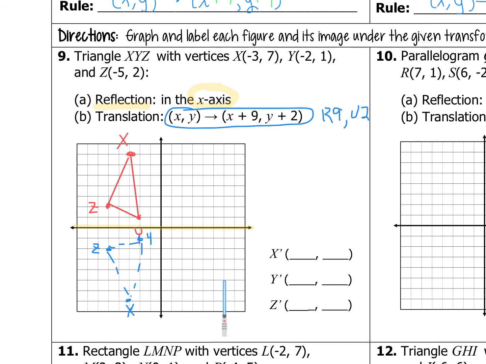And then up 2 will put me right there at, what is it, 6, -5. Yep, 6, -5. So this is going to be my X prime.